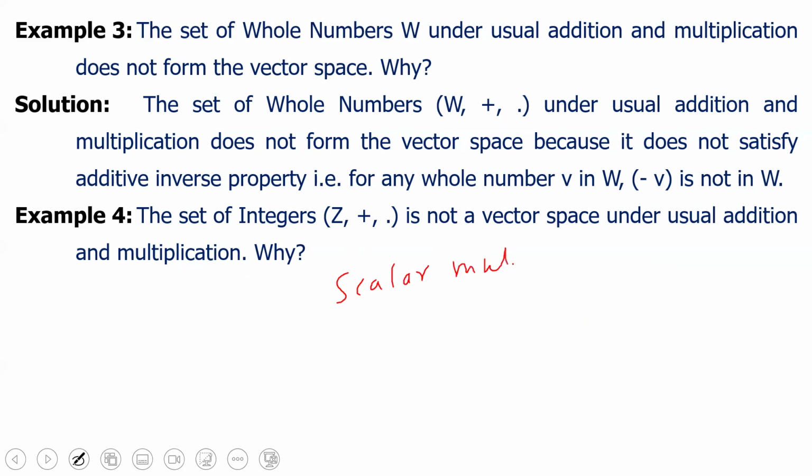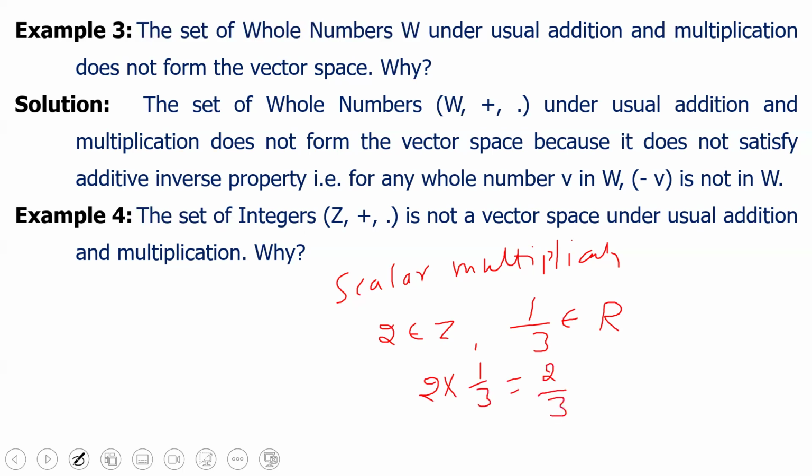Let us take 2 as an element of Z and 1/3 as an element of R, and if you multiply 2 times 1/3, which is equal to 2/3, which is not an element of the integers. Therefore, the set of integers is not a vector space because it will not satisfy the sixth property, scalar multiplication.